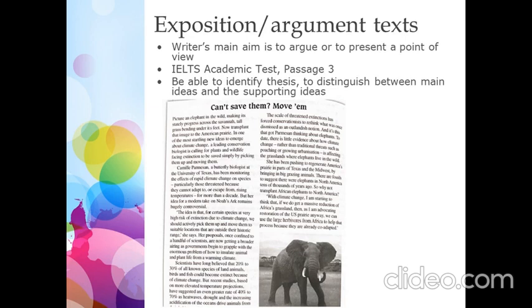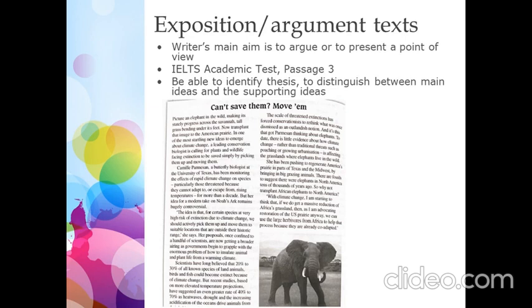So I would like to give you a clue on distinguishing between main and supporting ideas, is that main ideas are usually supported by several examples. Moreover, it is repeated throughout the text.